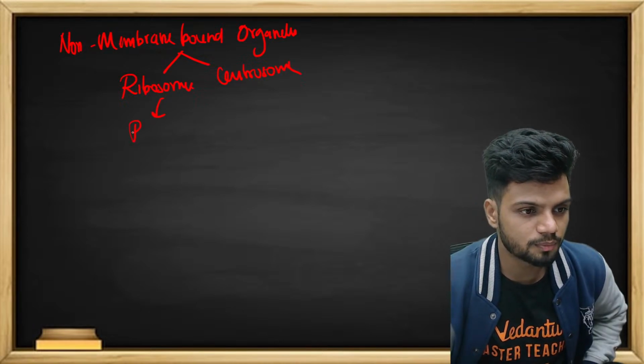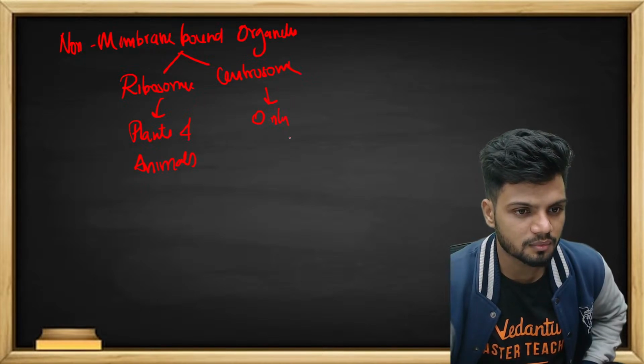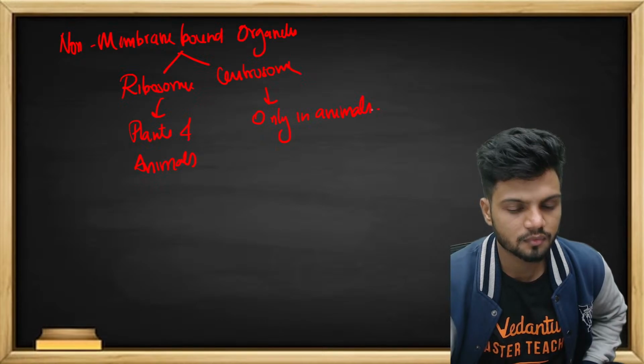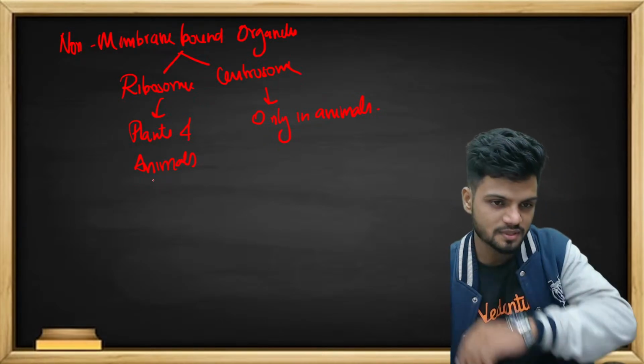Ribosome is present in both plants and animals, but centrosome is found only in animals.